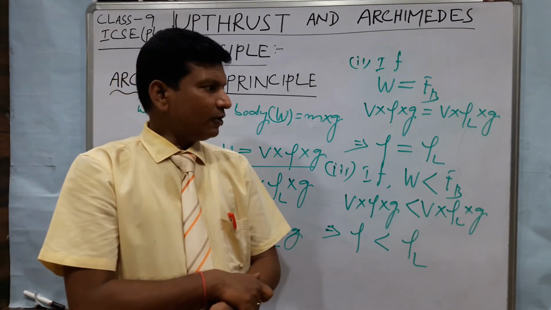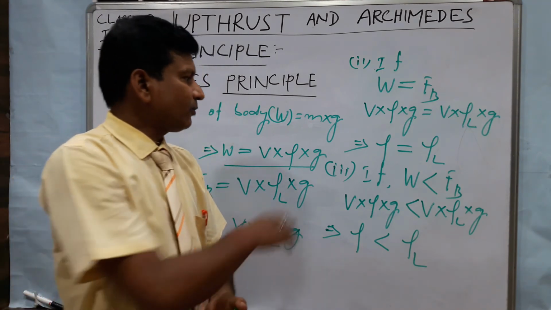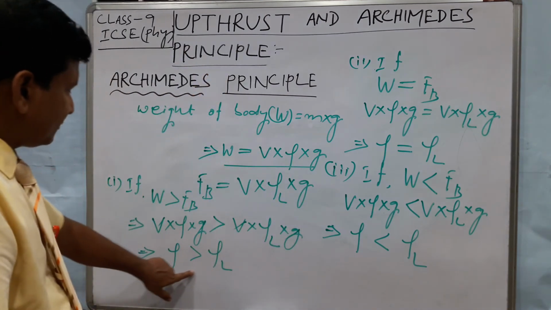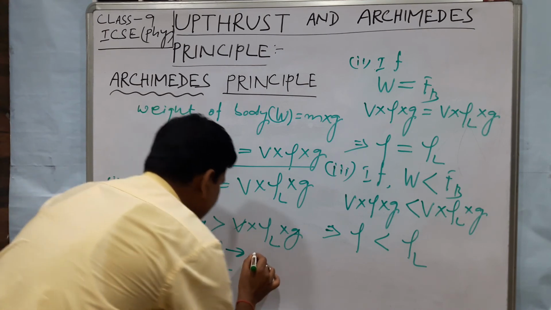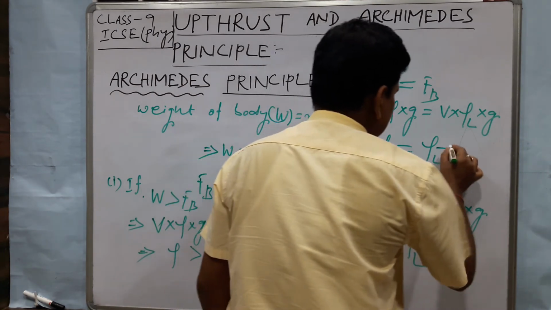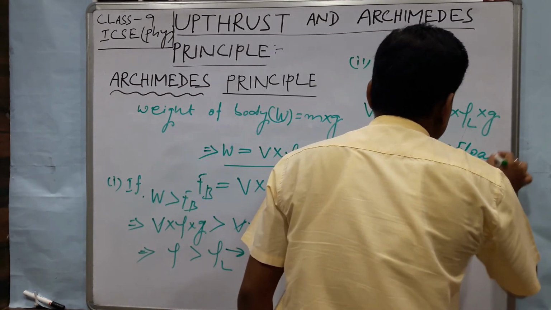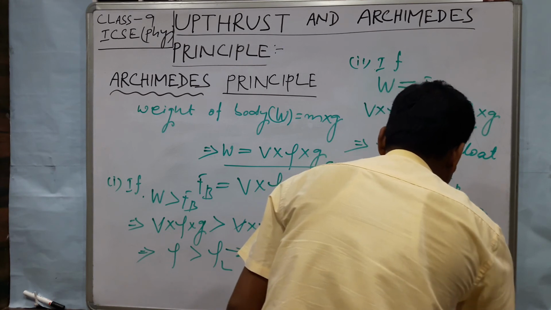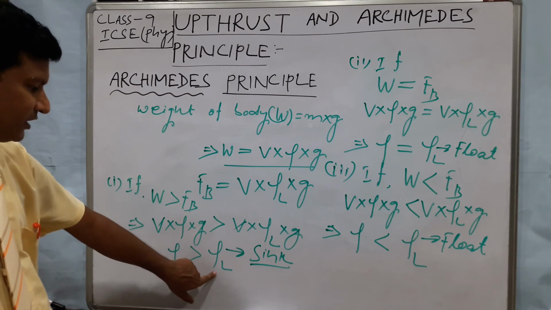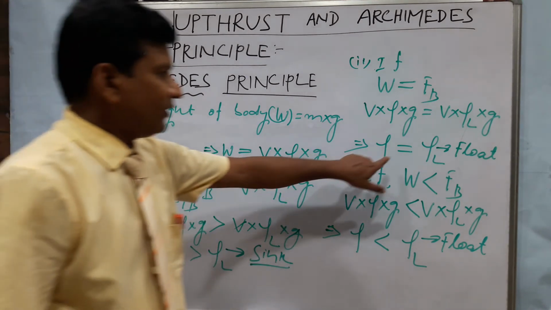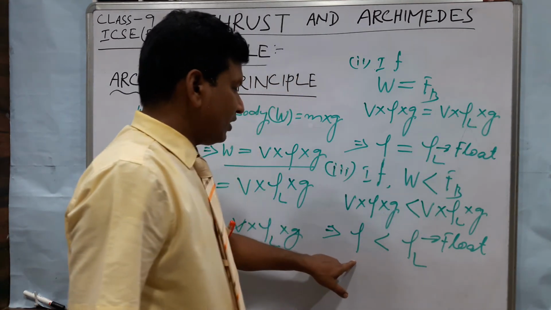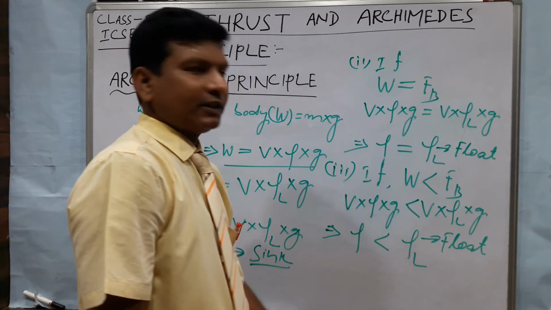Remember how the object will sink and float from the density. If the density of the object is more, then the object is sinking, and in this situation the object is floating. So float, here also it is floating. So when the density of the object is greater than the density of liquid, then it sinks, and when the density of the object is equal to the density of the liquid, it floats. When the density of the object is less than the density of liquid, then it floats.